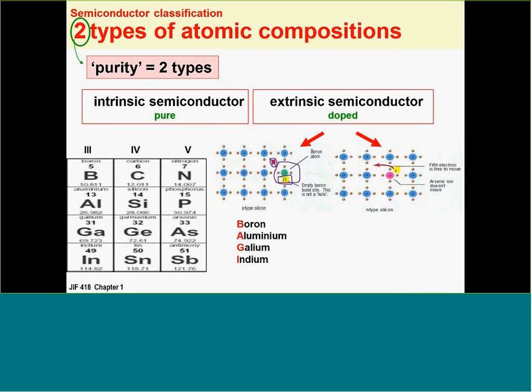extra charge carriers now, we need to have a free electron, then naturally we have to dope it with group 4, isn't it? Because group 4 has one extra electron compared to group 3.